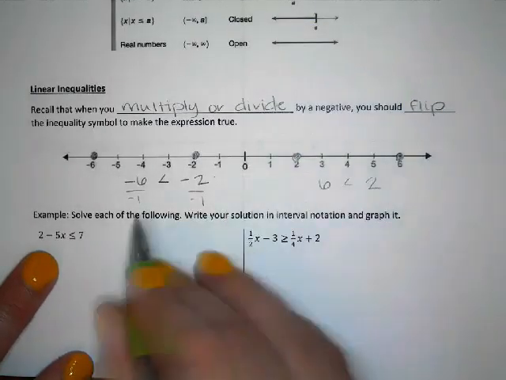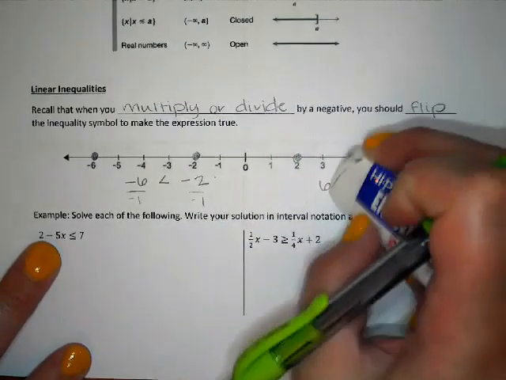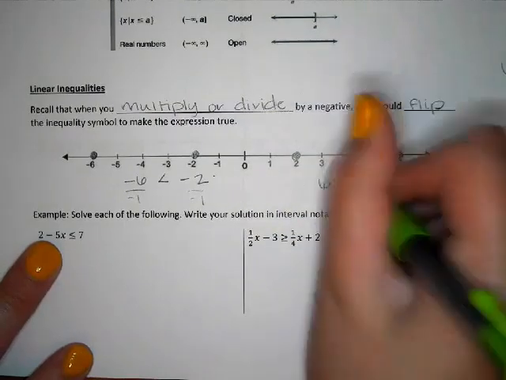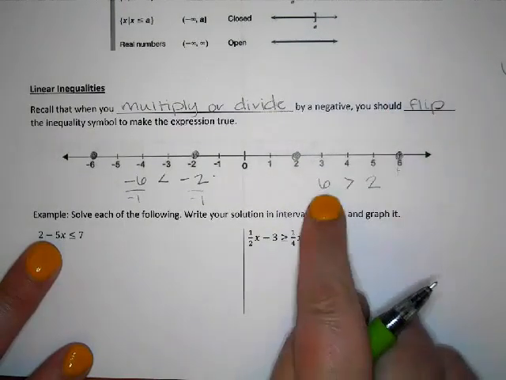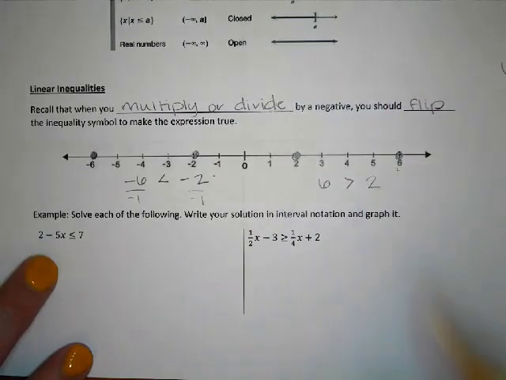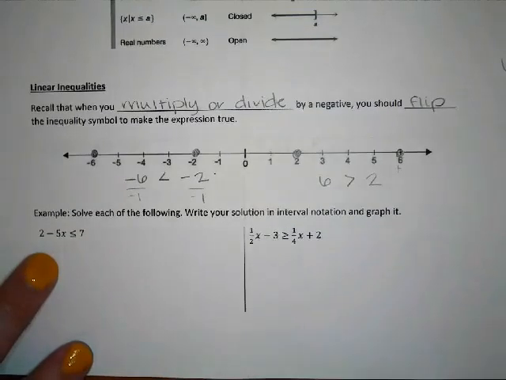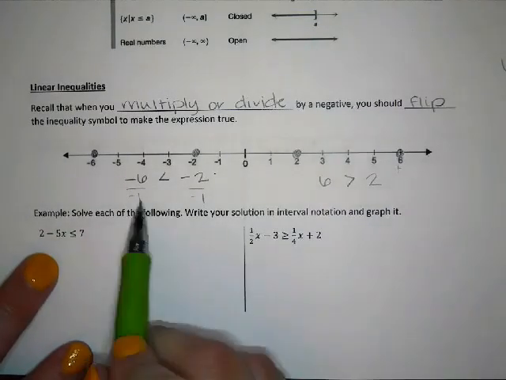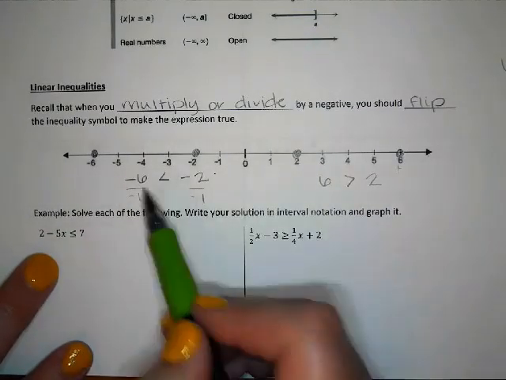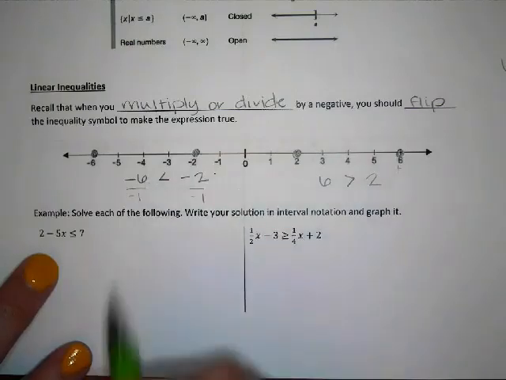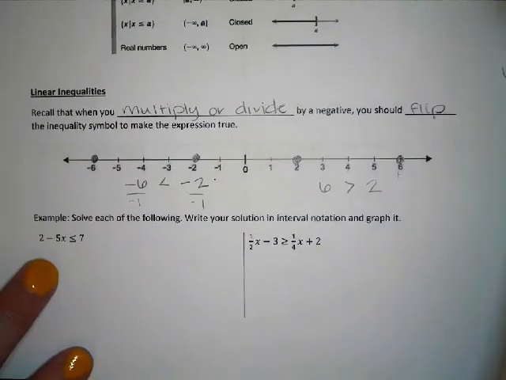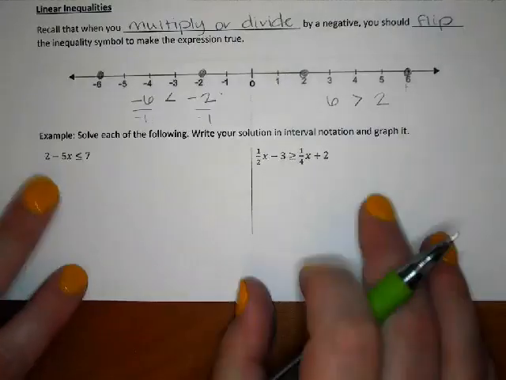At this point, once I divided by that -1, I have to flip that symbol around and say 6 is greater than 2. So make sure if you're working with a linear inequality that anytime you divide by a negative on both sides, or if we were to multiply by a negative to get rid of it, that we do flip that symbol to keep it a true statement.